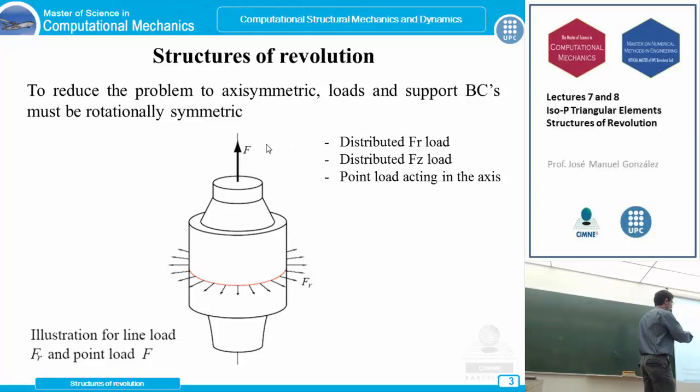So we will find an axisymmetric behavior, and this allows us to treat the problem as a structure of revolution. And again, it's not finished, because we can have a point load like this one here acting on the axis. This point load allows us to treat the problem as an axisymmetric problem.